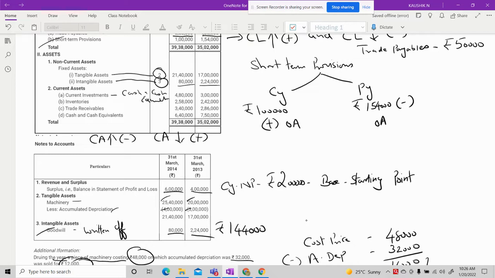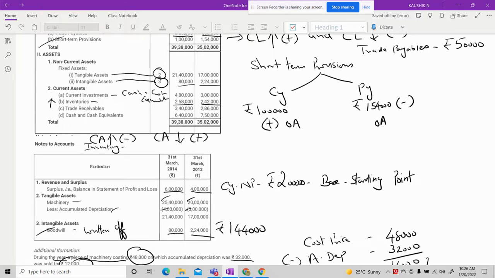Now comes inventories. The value of inventory, earlier it was 2,42,000, now it is 2,58,000. That means the inventory value has gone up. So if current asset value has gone up, then you need to subtract it. So in that category, we need to show inventory. What is the value of inventory?